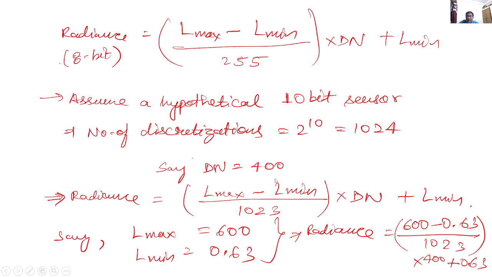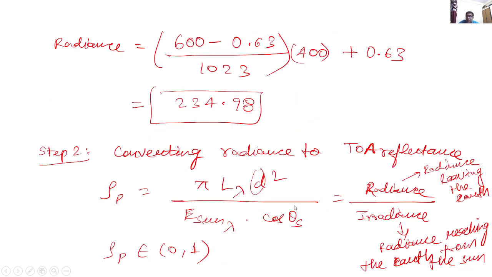So we took up another example. The next example was this, where we converted a certain DN value of, let us say, 400 DN to its spectral radiance. The second step would be to convert this radiance, which we arrived at by converting DN into radiance, to the top of the atmosphere reflectance.